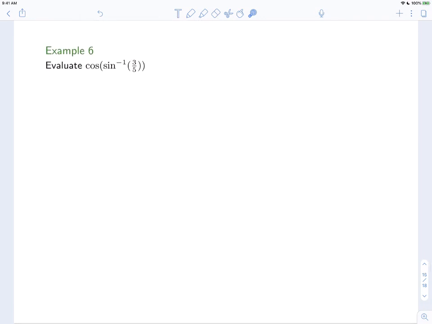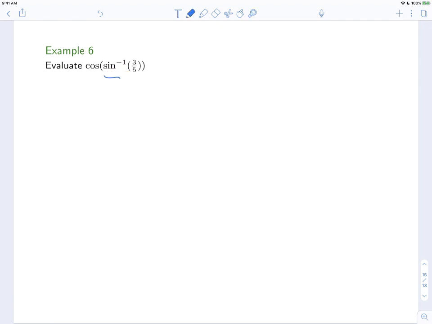Let's look at another example. On the face of it, this might seem similar to the ones that we've done before, but it's actually quite different. The previous examples had the inverse function on the outside. Now the inverse function is on the inside. So what we want to do is compute cosine of inverse sine of 3 over 5. Now the inverse sine is going to give you an angle.